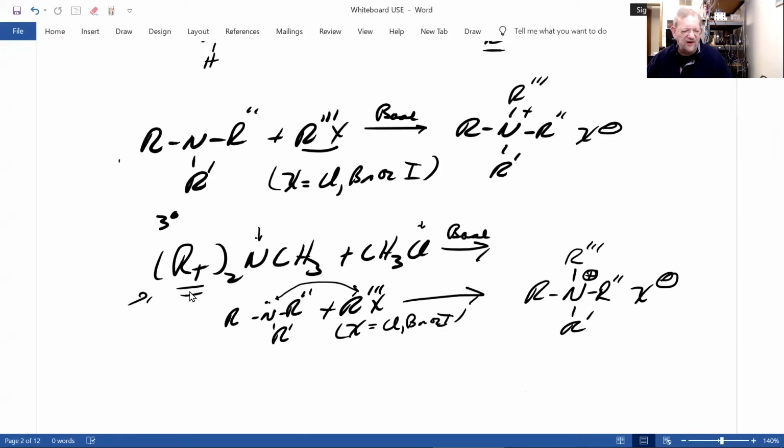So I can say the two tallow groups, talloalkyl, it's also called tallow groups, R and R prime, and the methyl group is R double prime, and this methyl group is R triple prime.